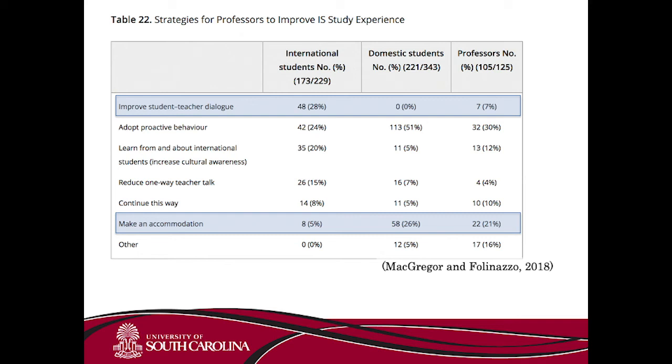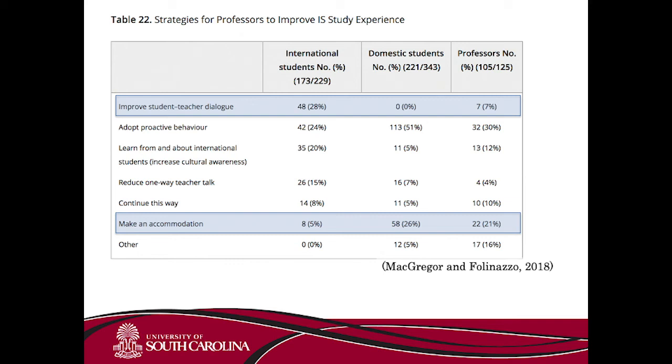Comparing that to the instructors, only 7% of them felt that that would improve the international student experience. So at least for the results of this survey, I think we can see a pretty significant gap between what international students believe would help versus what the instructors believe would help.